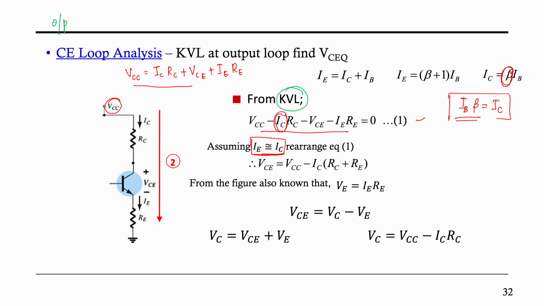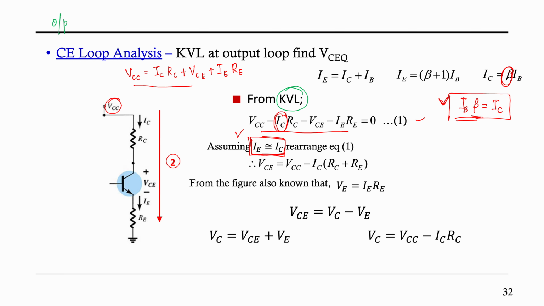So there are two ways to determine IC. If they mention that the transistor is a good transistor, you can use IE equals IC. But if they don't mention anything about a good transistor and they provide the value of beta, then you can use that to determine the value of IC.